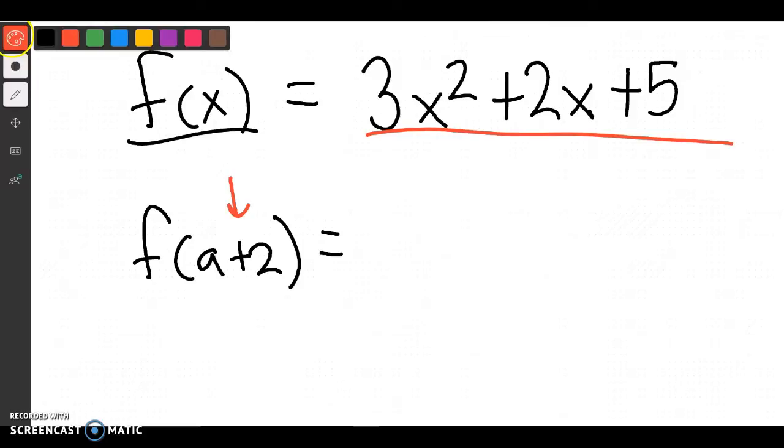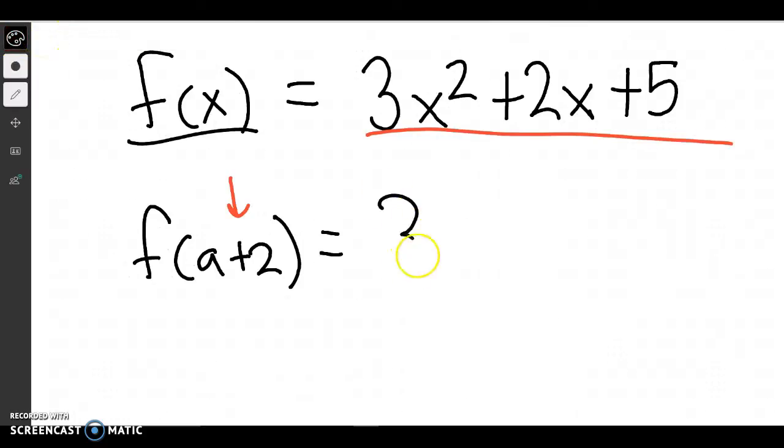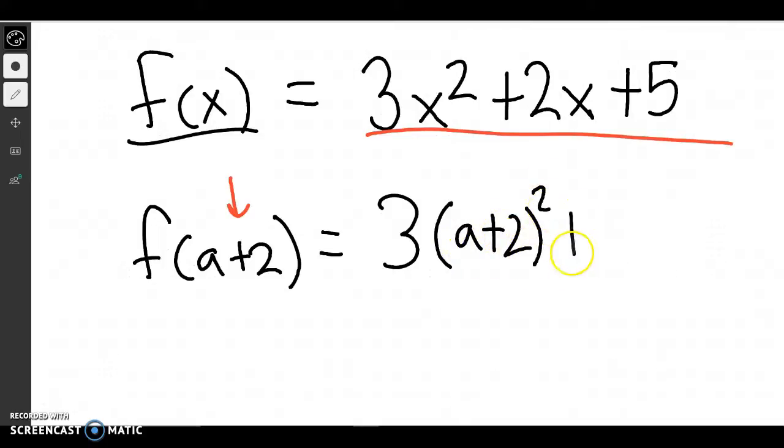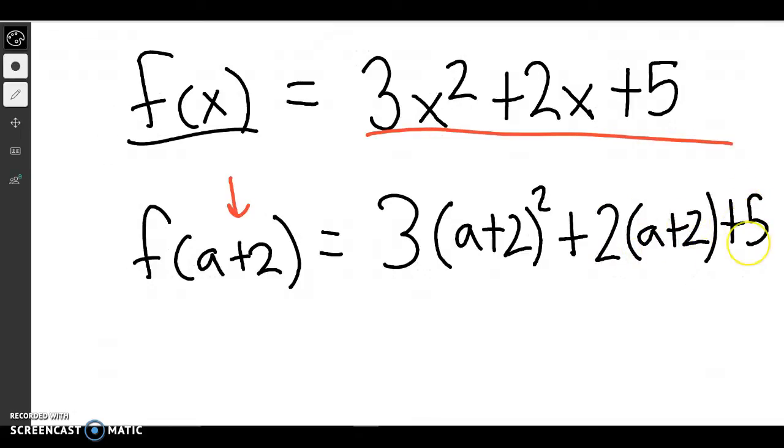So I'm going to go back to the original equation, and anywhere I see an x, I'm going to write a plus 2. And we've technically evaluated, but we haven't simplified it. So we're going to have to simplify this thing.